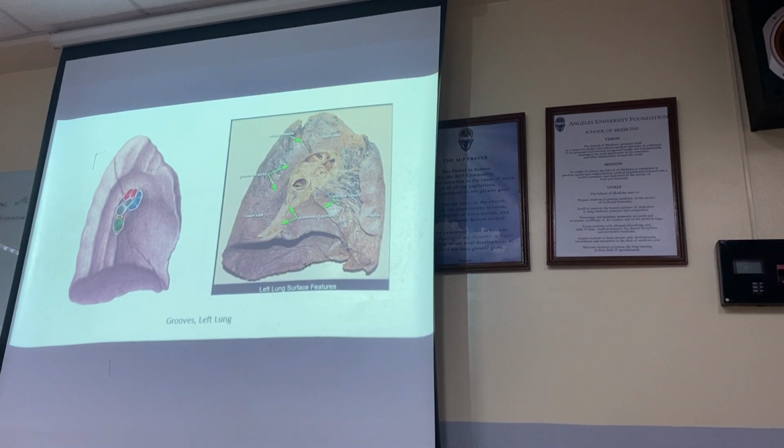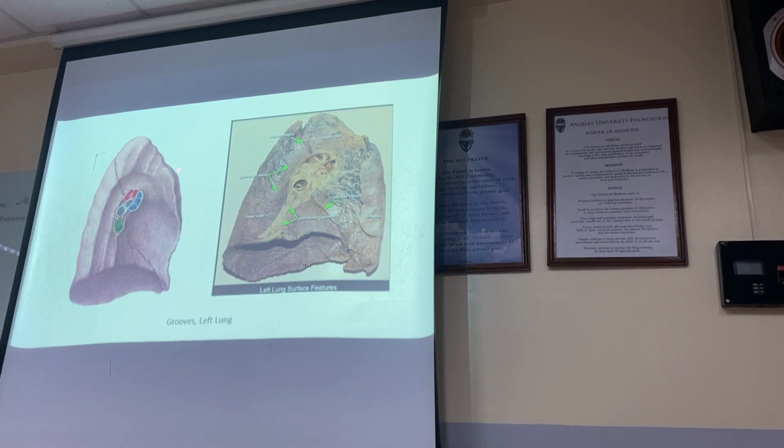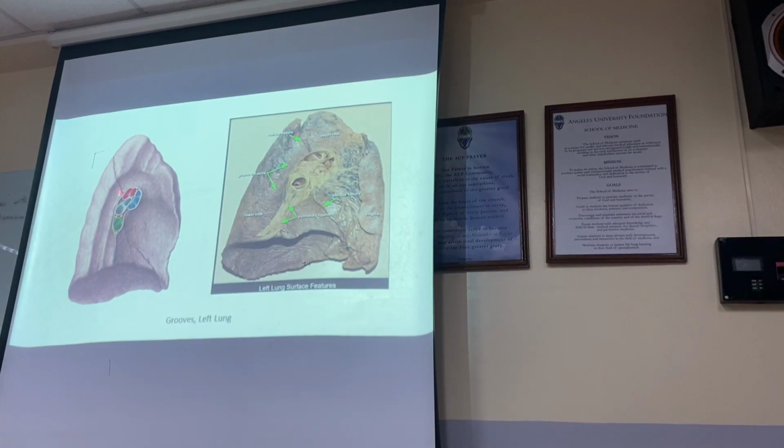Then, the left lung. In other words, I will use the left lung. Then, descending aorta, arch of aorta, right? So this is your aortic groove, and that is the one for the esophagus. Right?